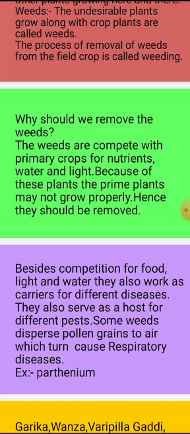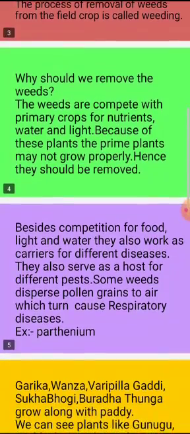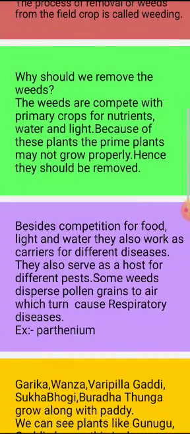Why should we remove the weeds from the crop? The weeds compete with primary crops for nutrients, water, and light. If they grow along with the crop, they compete with the main plants, mainly for water, sunlight, and nutrients.